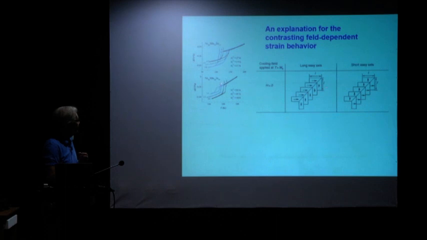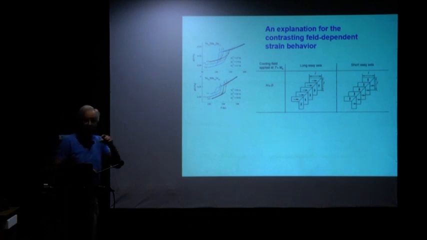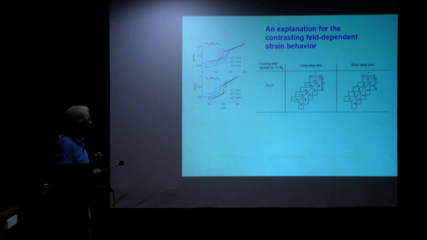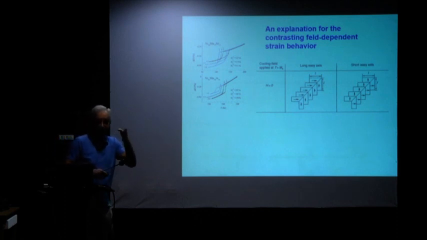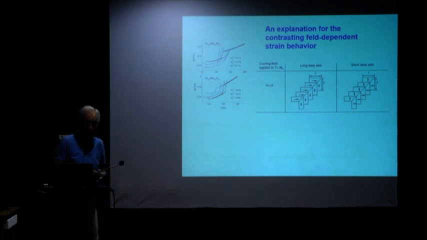In the case of nickel manganese indium, we have a certain change when we have no field. We have a large change when we have no field, and when we apply a field, we have a change that is getting smaller. So initially, if the change is getting smaller, then we should be pointing the longer easy axis in the field direction in this case.